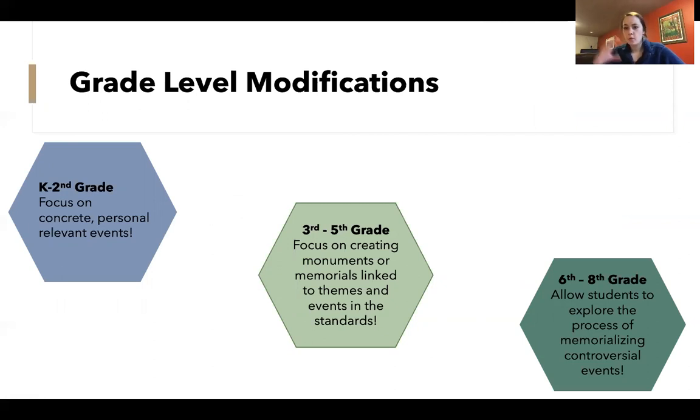So what do the third through fifth grade students need to know in their standards? And then sixth through eighth grade, allow your students to explore the process of creating a monument and how many people are involved. It can be a really controversial event, and it's awesome for students to get to understand how big monuments are and how many people it takes to create a monument.